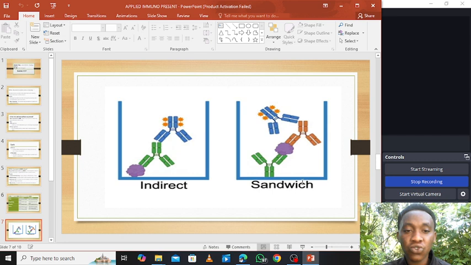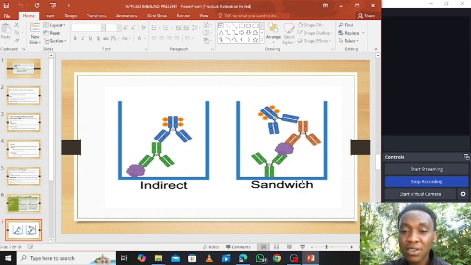Let's look at this structure. As you see, for indirect ELISA, the well is coated with an antigen followed by primary antibody and secondary antibody. While for sandwich, the well is coated with an antibody followed by the primary binding of antigen, followed by another antibody which may be conjugated with an enzyme.